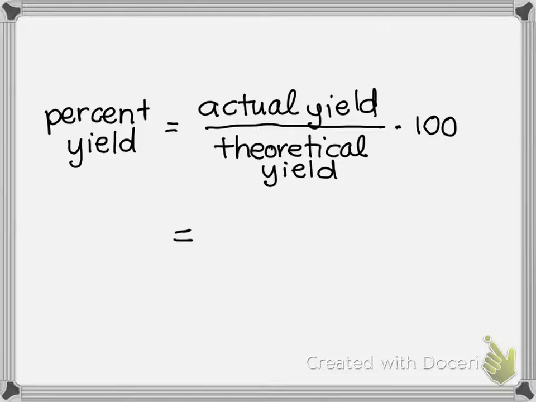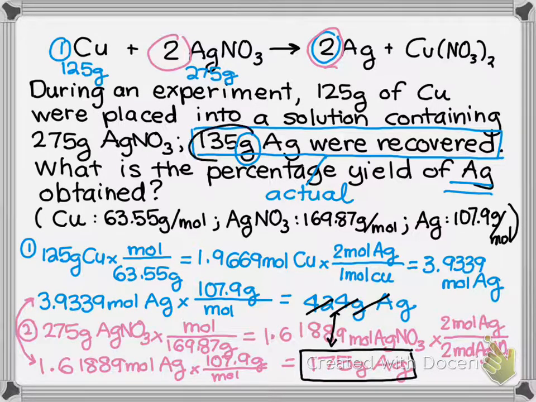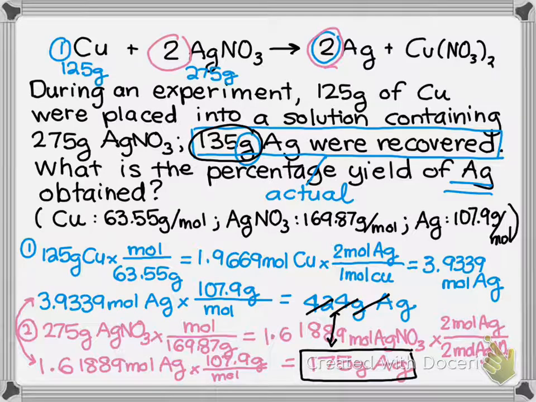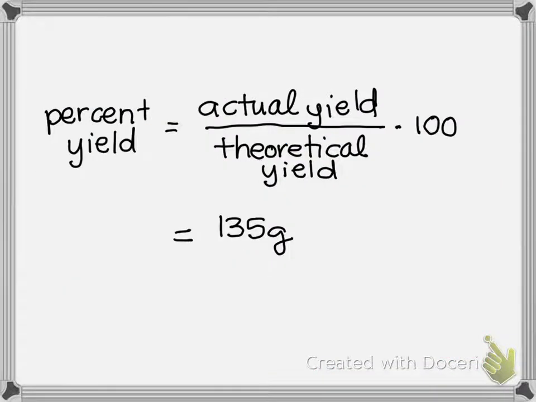So let's go back. My actual yield was given in the problem. It's 135 grams. Then I did a limiting reactant problem to figure out that the amount of silver that I would predict would be 175 grams. And then to make it a percent, I multiply by 100.